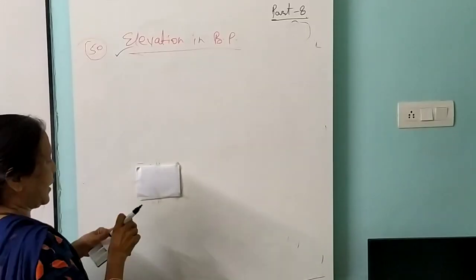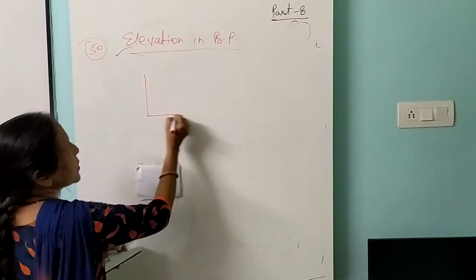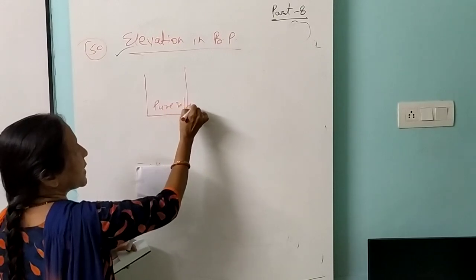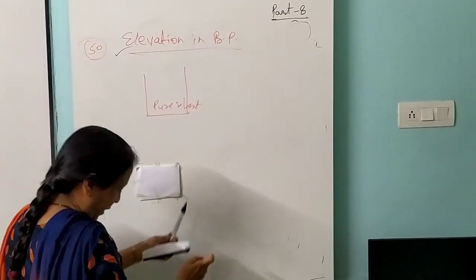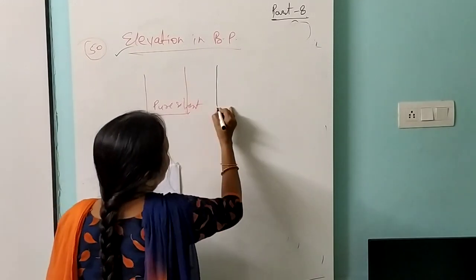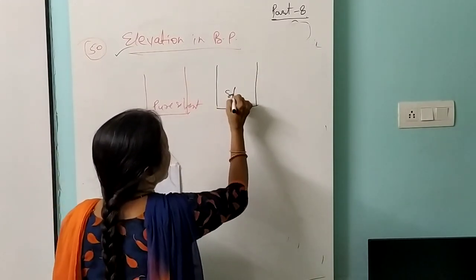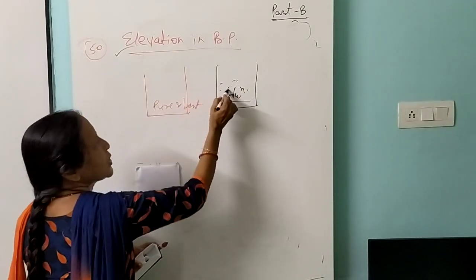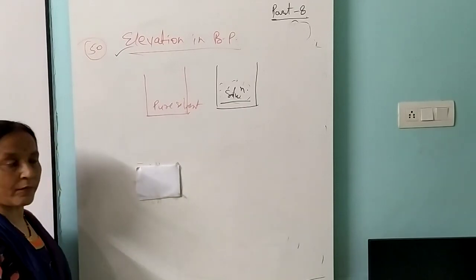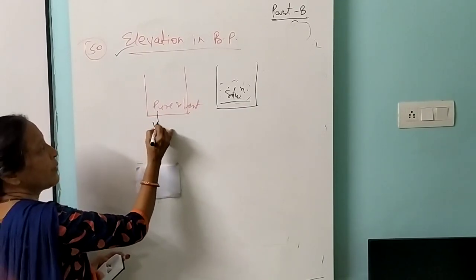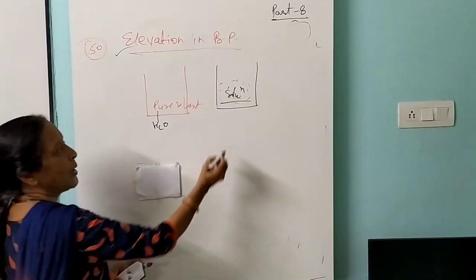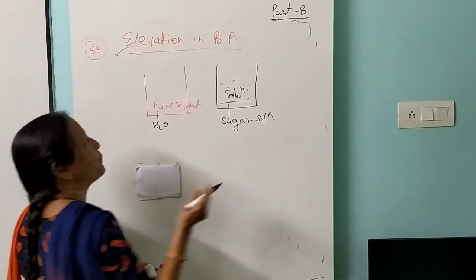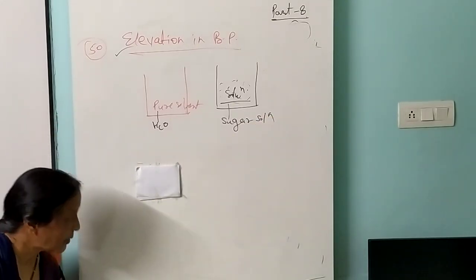Suppose in one container I have pure solvent, which you studied just now, and in another container there is a solution, with the presence of solute and solvent. Here the pure solvent is H2O, and here it is a sugar solution.